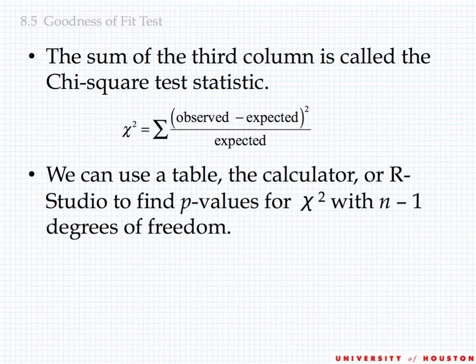We can use a table, the calculator, or RStudio to find our p-values for chi-square with n-1 degrees of freedom. Now our value for n is not how many are in our sample, it's how many different categories we have, as you'll see in a minute.